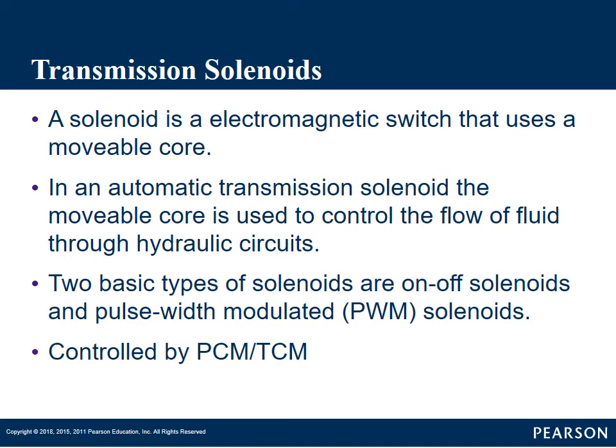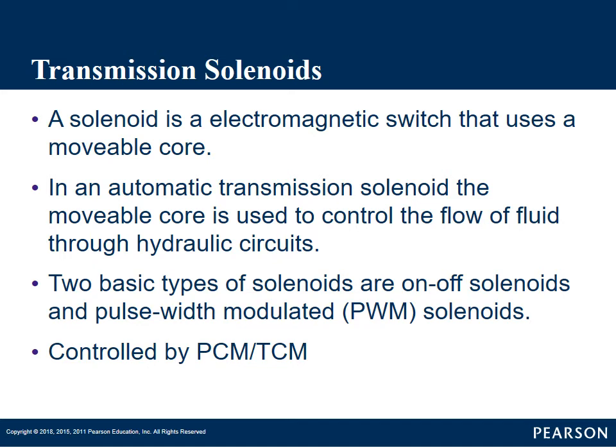Now that we've talked about our hydraulic circuits, we'll start talking a little bit about transmission solenoids. Remember, we've had electronic transmissions since the late 80s, and by the late 90s, about every transmission out there was electronically controlled. And we're going to talk about the solenoids in those circuits, okay? These are electromagnetic switches.